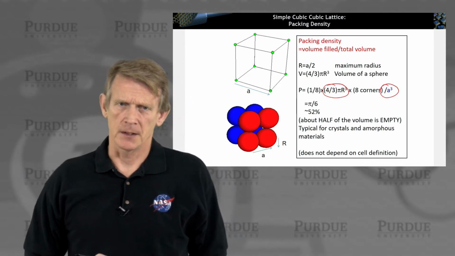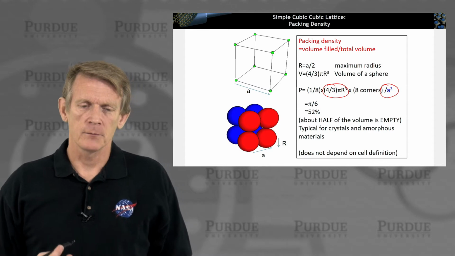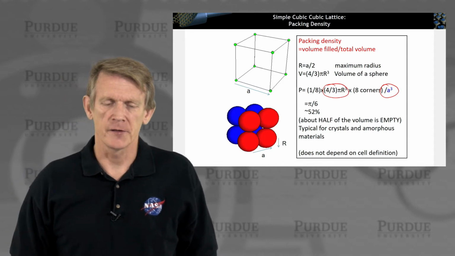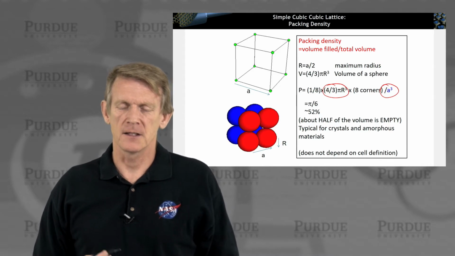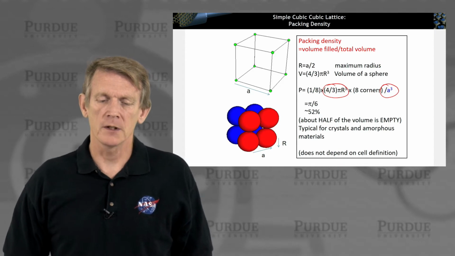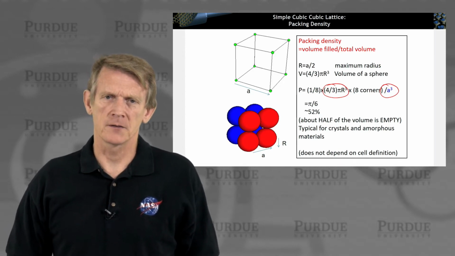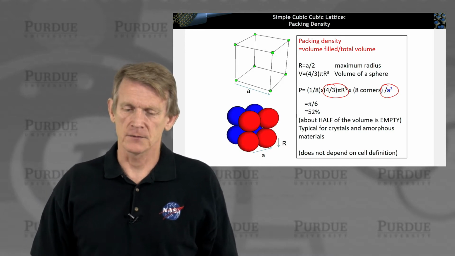That's 52%. So that means that if you have this simple cubic lattice and you fill it with spheres whose diameter is the lattice length, you only fill 52% of the space. So 48% is air in this case.